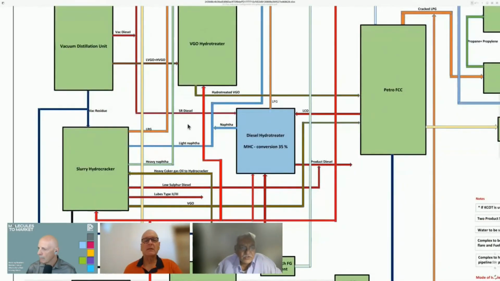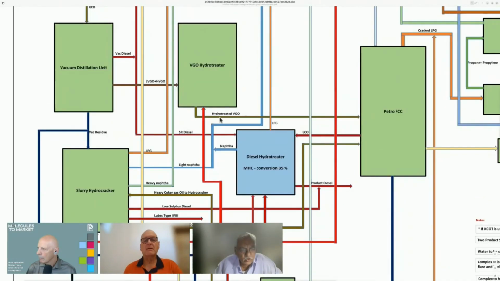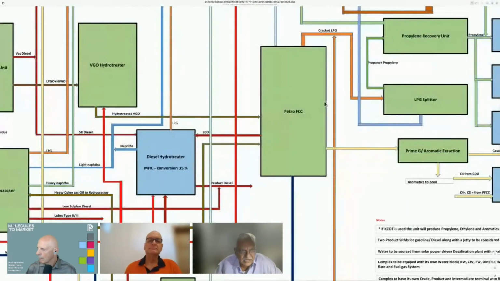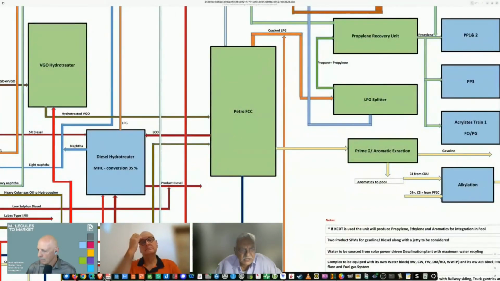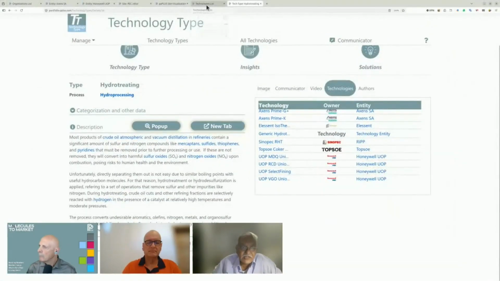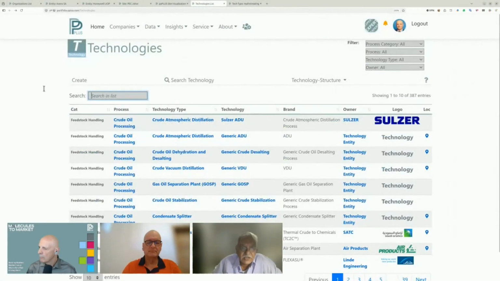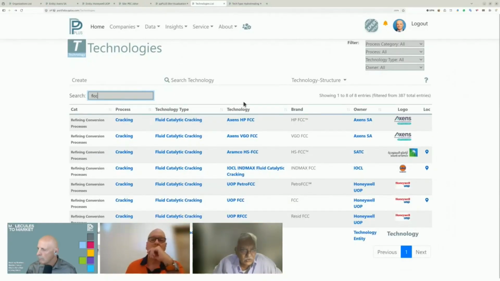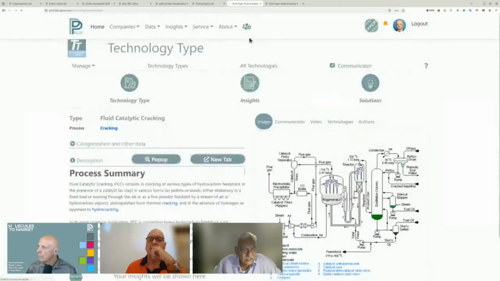Now come to Petro FCC. UOP does not really have a Petro FCC so far. I haven't seen their process give yields of 21% or so, but they have a high severity FCC process. Their yields are also good, but never as high as Axens or Technip, because Technip has the right sort of technology, that is Stone and Webster earlier on. So Technip is the one who's got a fantastic technology here.